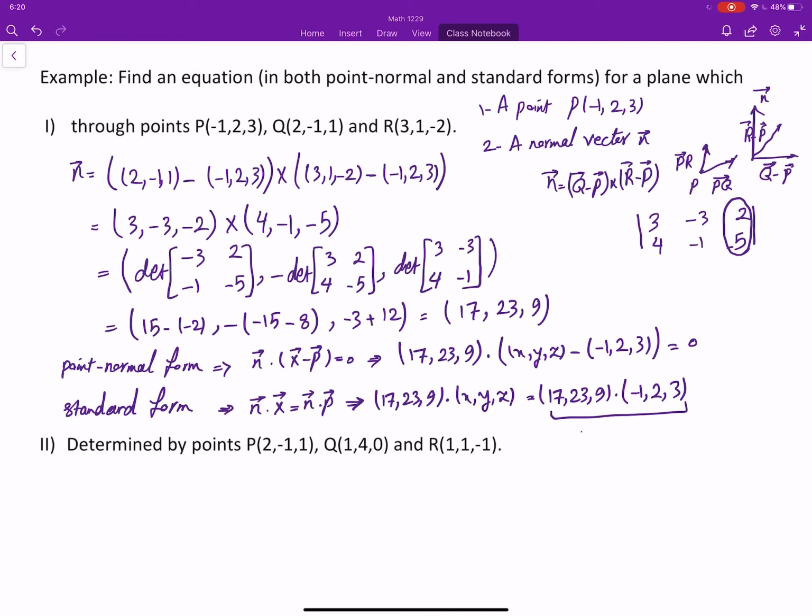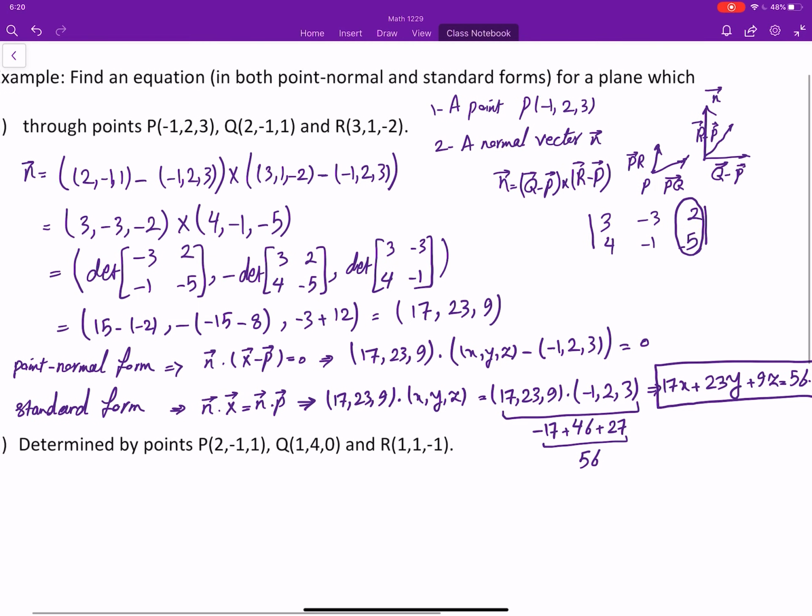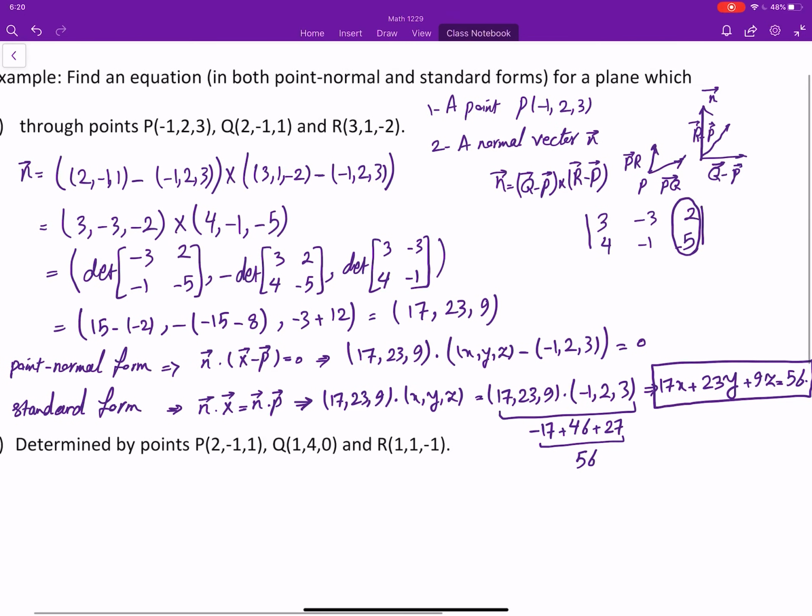This gives us -17 plus 46 plus 27, and together this is 56. On the left hand side, then we have 17x plus 23y plus 9z equals 56. That is an equation in the standard form for the plane.